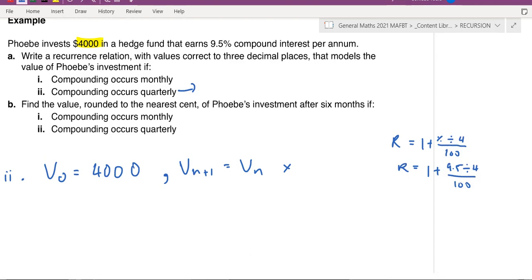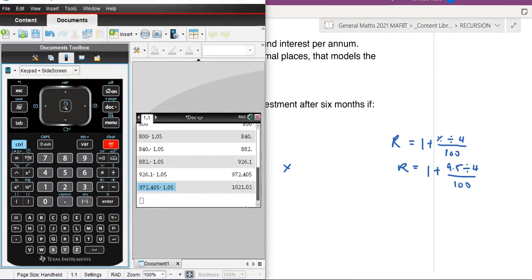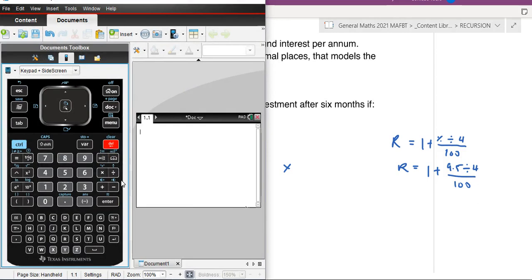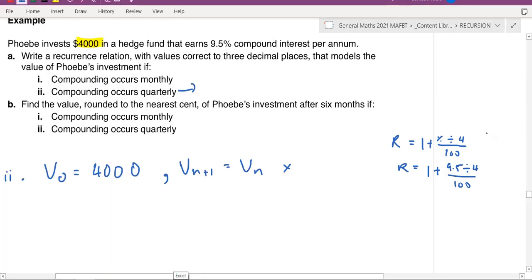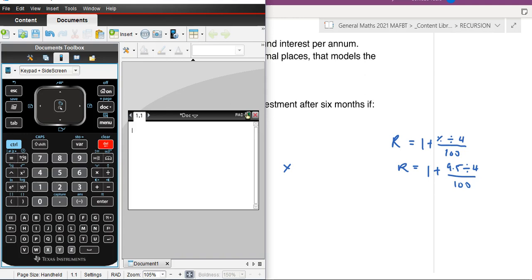Okay, so let's put that in our CAS. Where do you find the formula? The percentage? On the CAS, the control divide, to do the fraction. So 1 plus control divide.